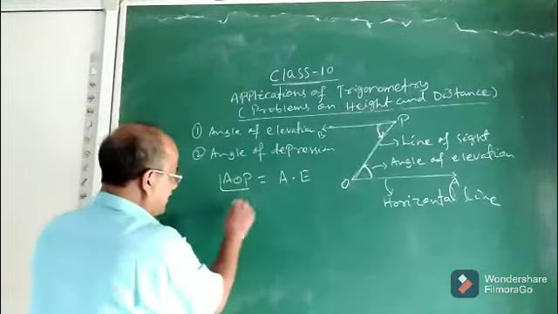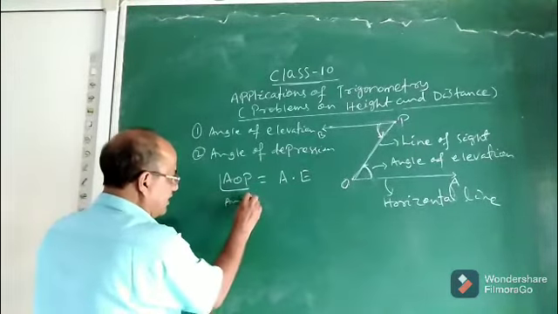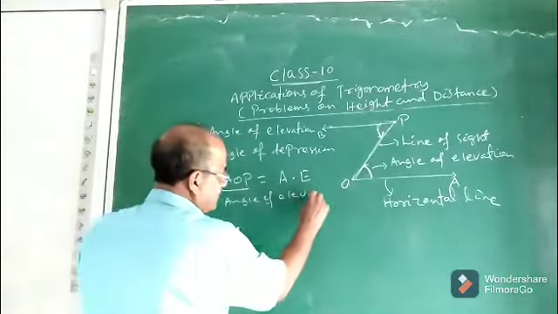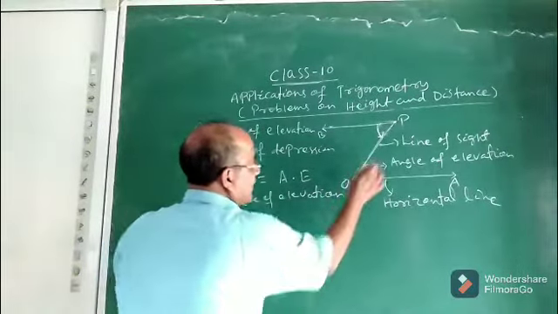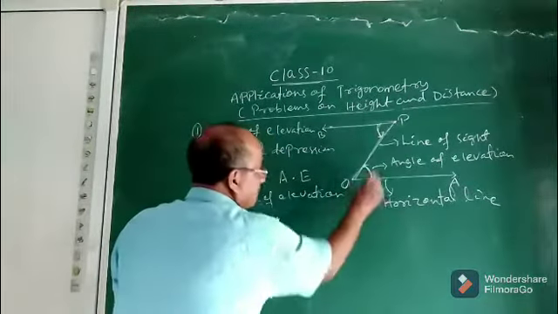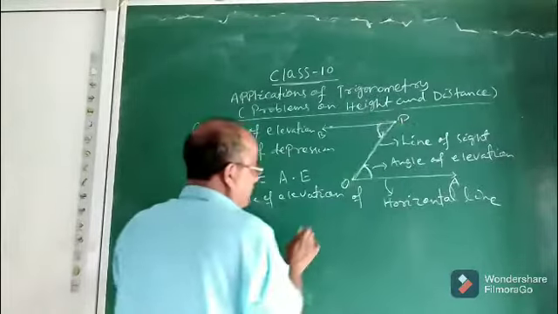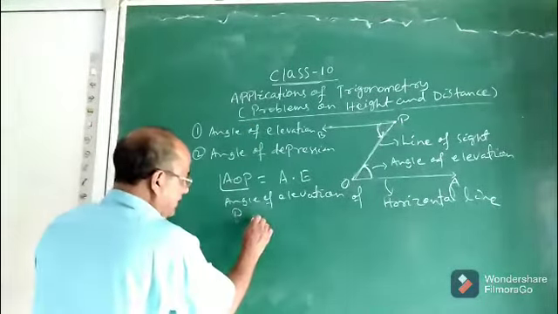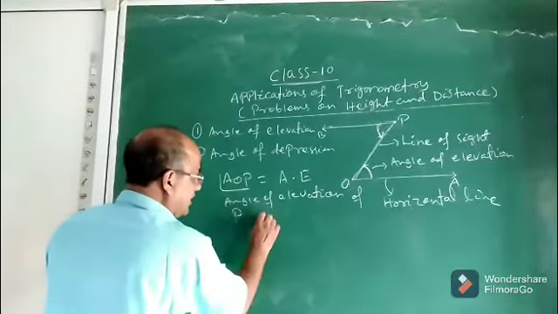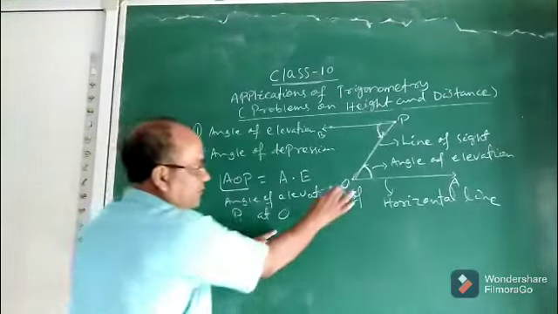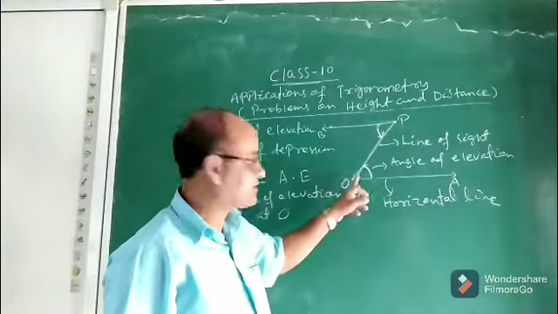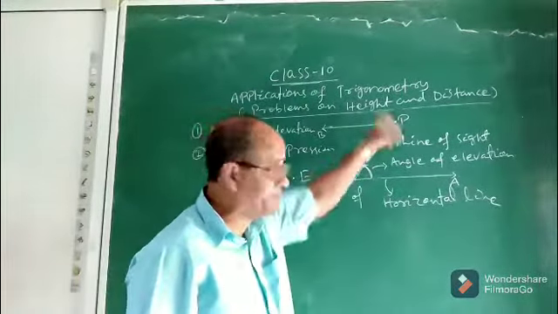Whose angle of elevation? The angle of elevation of P, meaning the bird sitting at this point. The angle of elevation of P at O, where O is the point of observation, where the boy is standing and observing the bird.